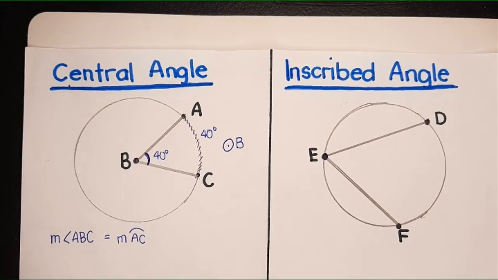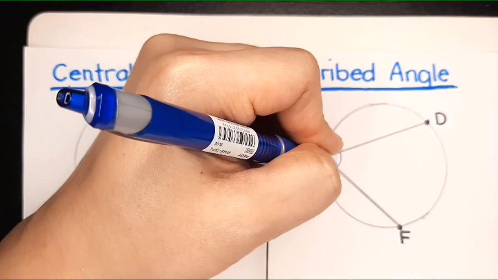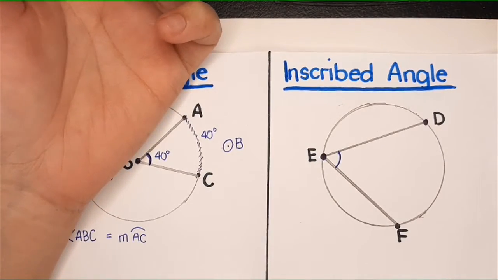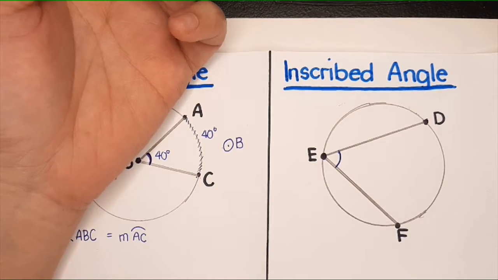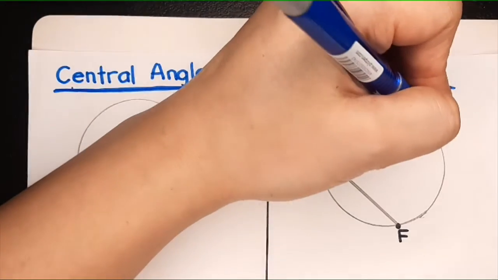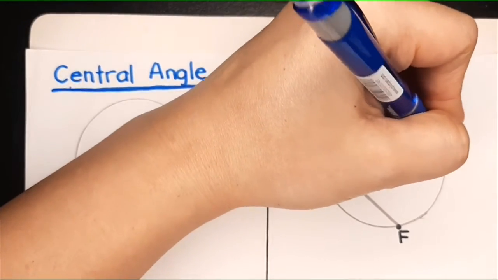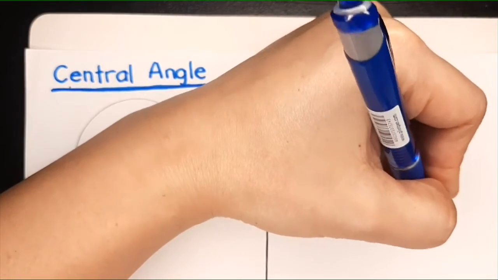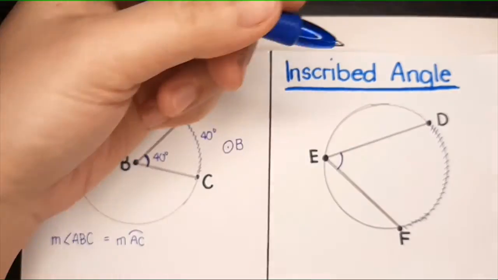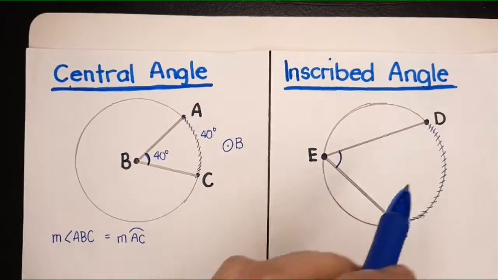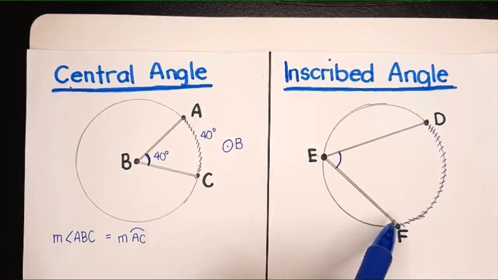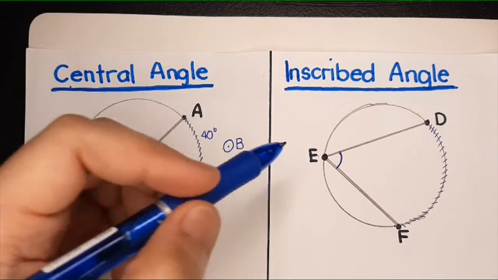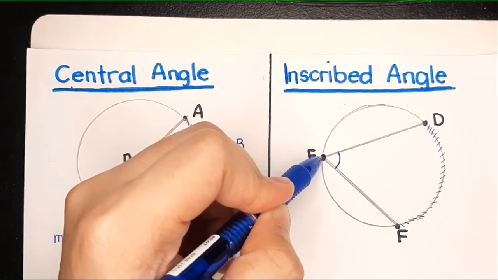So, what is the relationship of this angle to its intercepted arc? Where is the intercepted arc? Let me color it like this. So, this is the intercepted arc of angle DEF. Or you may call it angle E. Okay? So, ito.